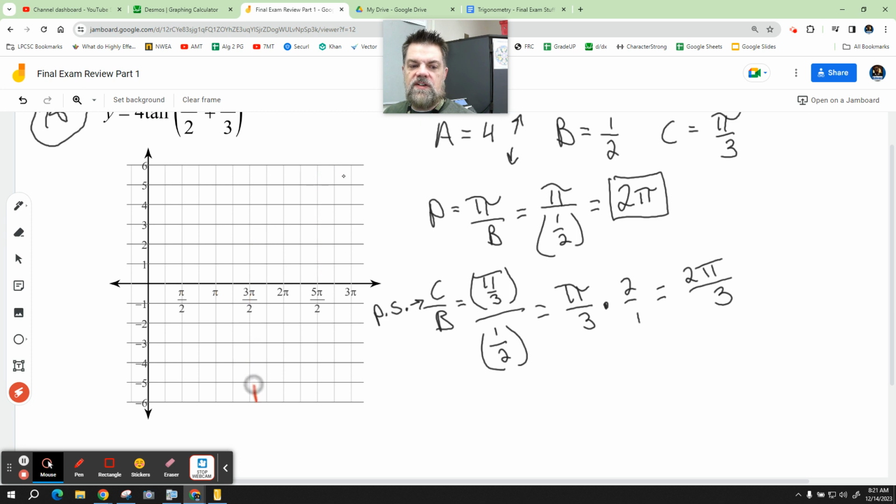So you have this periodic behavior, right? Now we don't have a k value, so it doesn't shift up or anything. That means normally tangent will cross the x-axis at 0, at pi, and at 2 pi. But now we have a shift of 2 pi over 3.